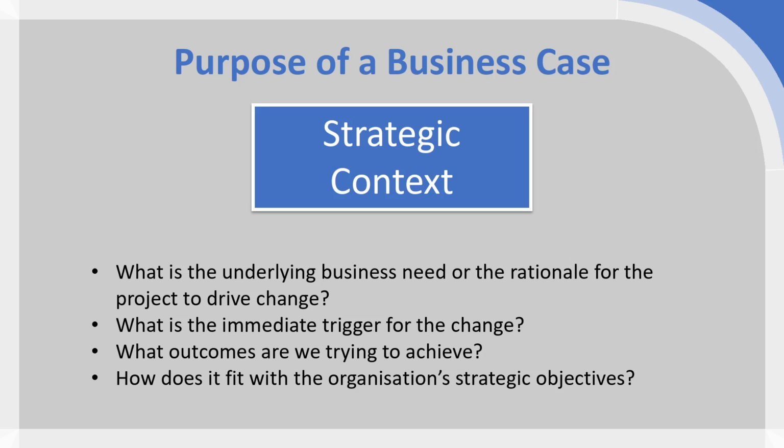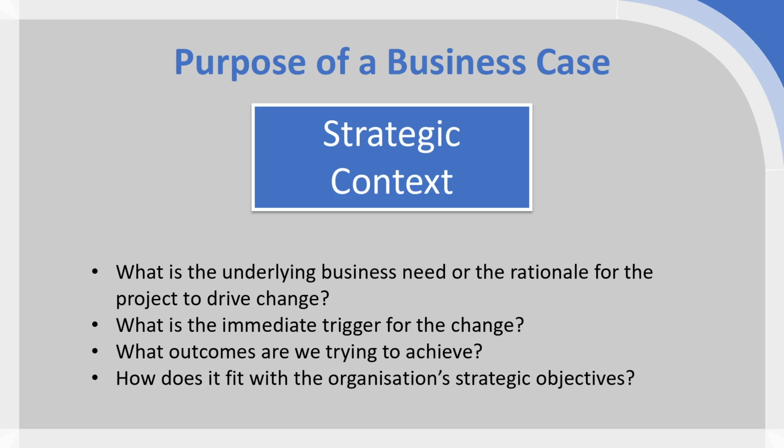What the immediate trigger is for the change, because that may really affect how we carry out the project. Is it something which is a deeply pressing need, so we need to move as quickly as possible? Is it something which is preparing for a future problem, so we can slow down our rush to execute and instead focus on quality? So we need to put that into context in order to make these decisions for the project.